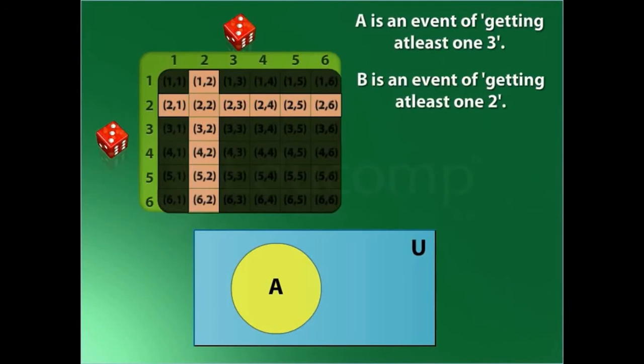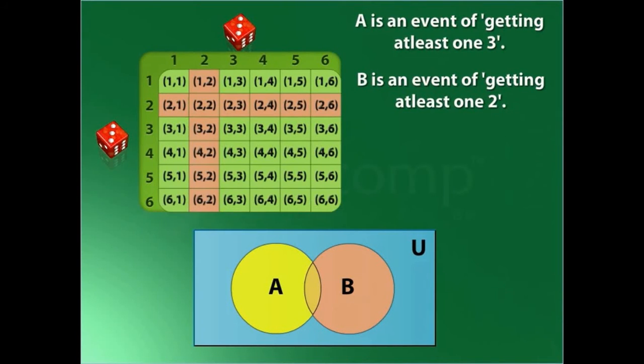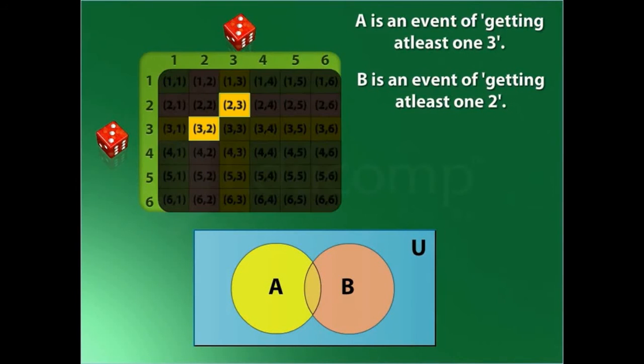If we represent the event B in the Venn diagram, it is represented by the set B. Now, you can see that some region is common to the set A as well as set B. This region consists of 2 outcomes.